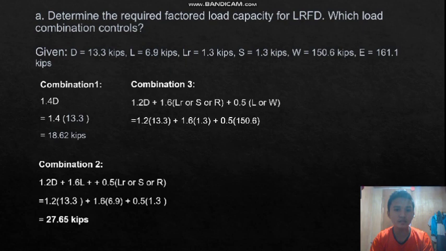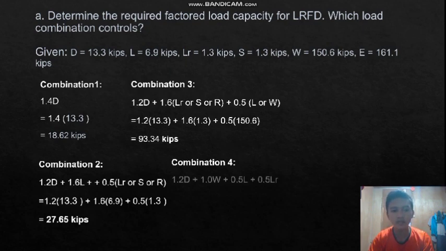Combination 3, 1.2D plus 1.6 multiplied by LR or S or R plus 0.5 L or W. Dito ginamit natin is 1.3 since same doon sa combination 2, and ang ginamit natin dito is wind load since mas malaki ang wind load natin kaysa sa live load. Pag kinumpute natin yan, ang lalabas is 93.34 kips.